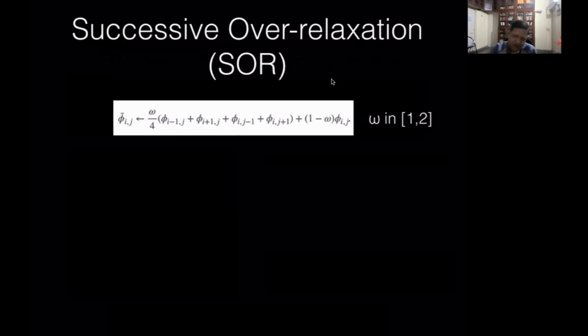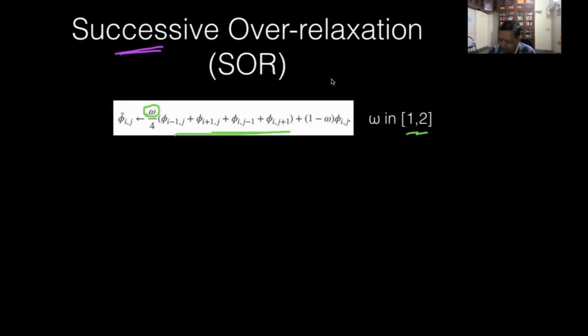So red-black or Gauss-Seidel, but Gauss-Seidel is not vectorizable, so we basically use this thing. This is called successive relaxation. We update it with the new average values, but we put a factor omega. Omega is between 1 and 2.